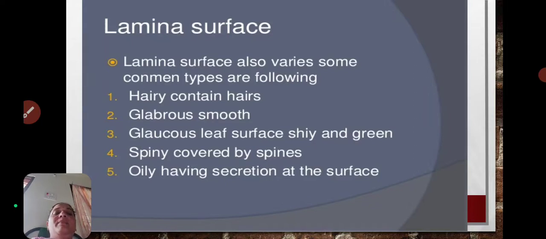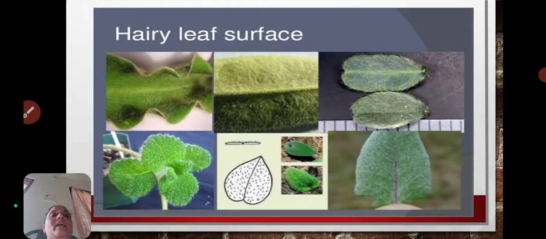Spiny means covered with spines. Oily means having secretions at the surface. Some leaf laminar surfaces are hairy because of the presence of hairs, some are glabrous, meaning smooth, some are glaucous, some are spiny because of spines, and some leaves are oily with secretions at the surface.